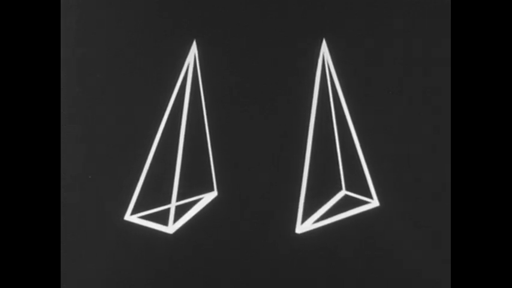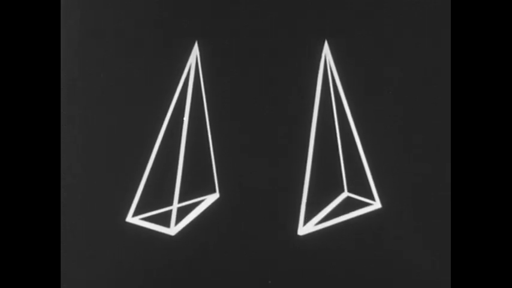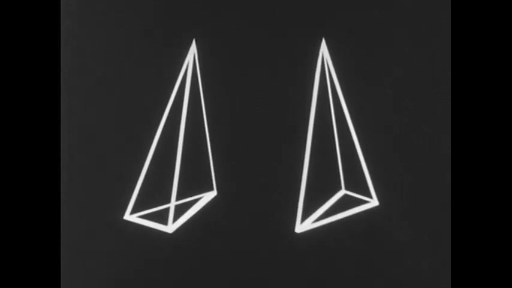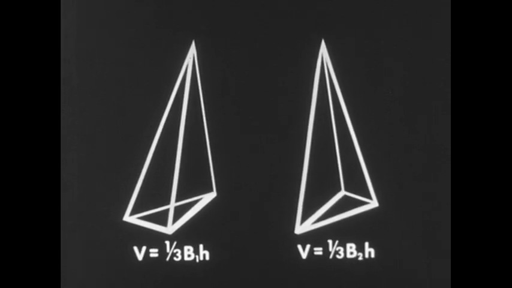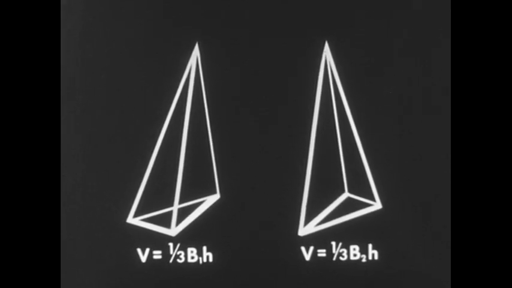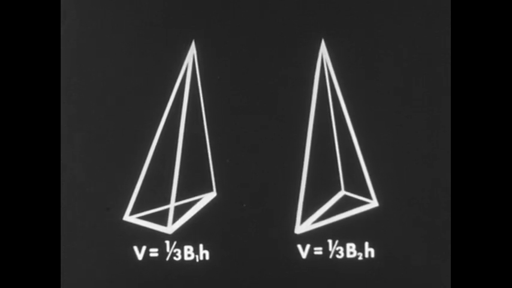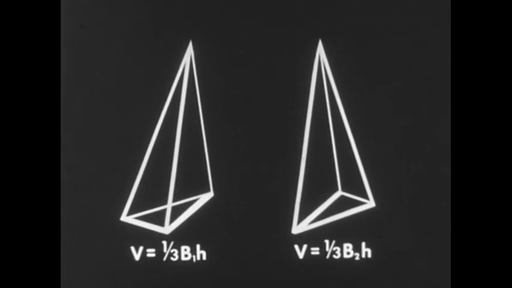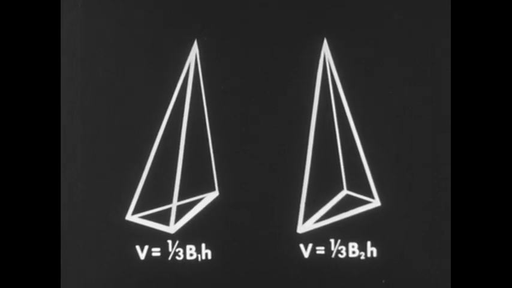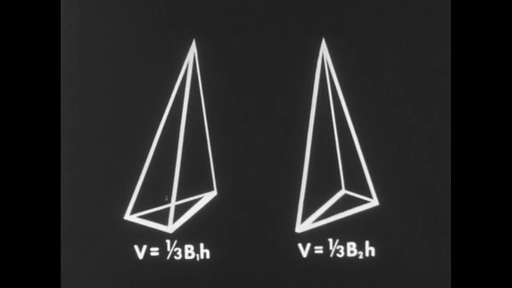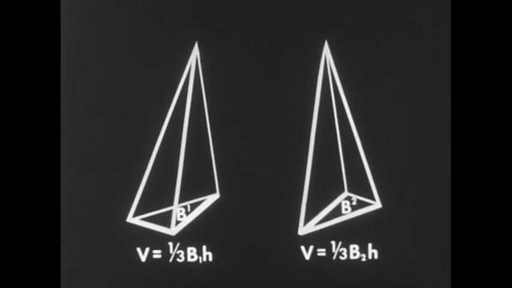The height remains the same, but the area of each triangular base is 1/2 that of the rectangular base. The same formula applies in finding the volume of the halves as in finding the volume of the whole. V equals 1/3 BH, even though the bases to which we refer now are the triangular bases B1 and B2.